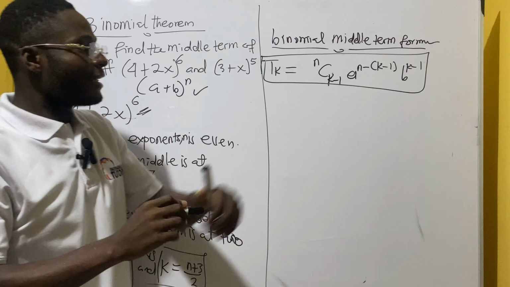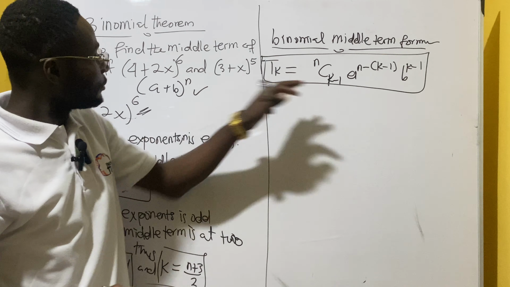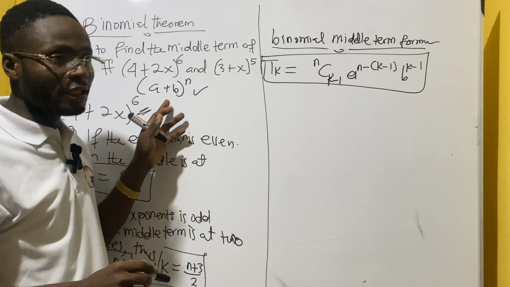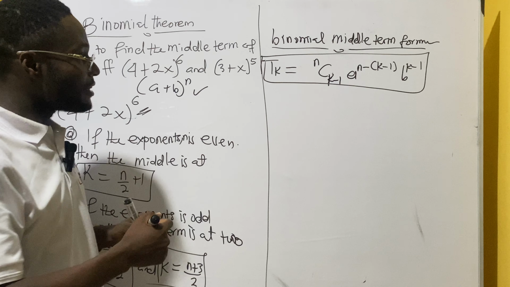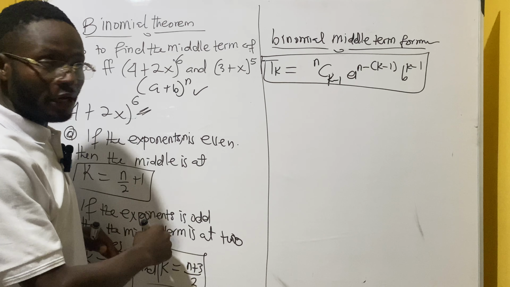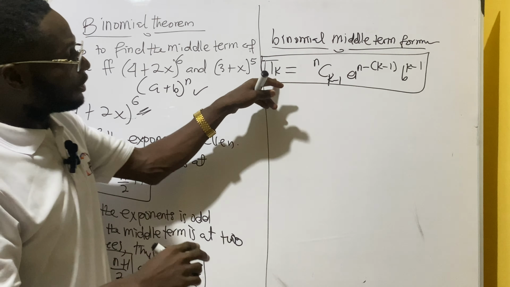That is the formula for obtaining the middle term of a binomial expansion. So now we know how to find the k from here.